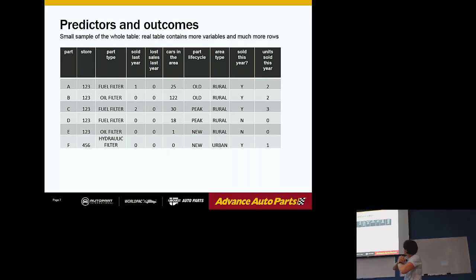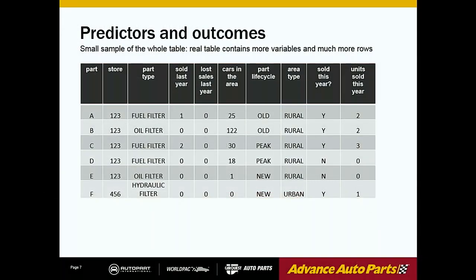Okay, so this is again extremely simplified. In reality, this table is much wider and of course much longer. But this is an example of how this can be predicted and how this looks. So we have a part in a store, we have a part type, fuel filters and oil filters. We know how many items were sold last year. We know how many cars are in the area that that part fits. We know where the item is in its life cycle.